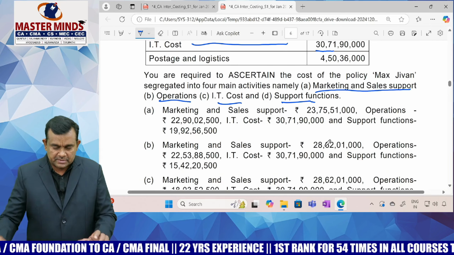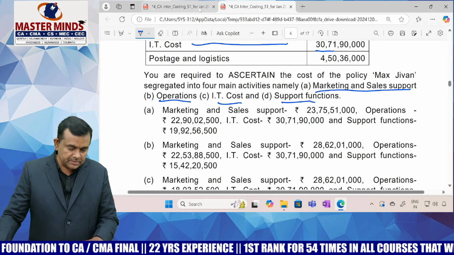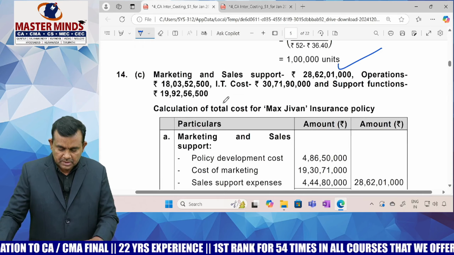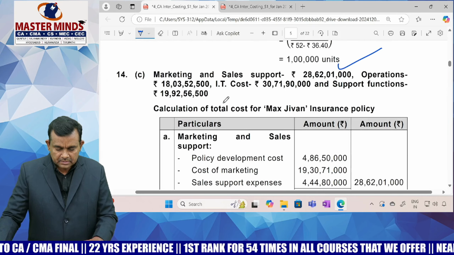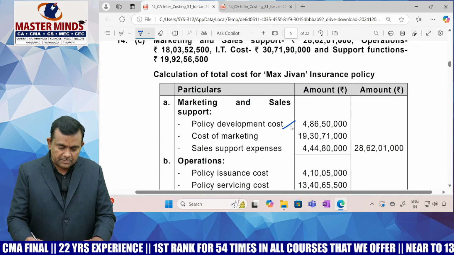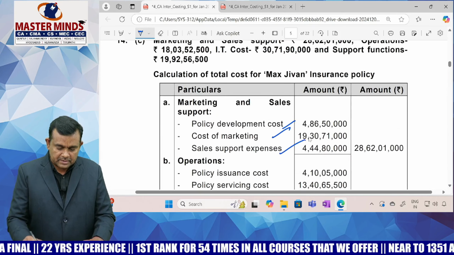See the printed solution, the suggested answer, sir. So here policy development cost, marketing, sales support. Operations: policy issuance, policy servicing, claims management. IT cost. Remaining all supportive functions cost. Okay. So answer 14C, sir.